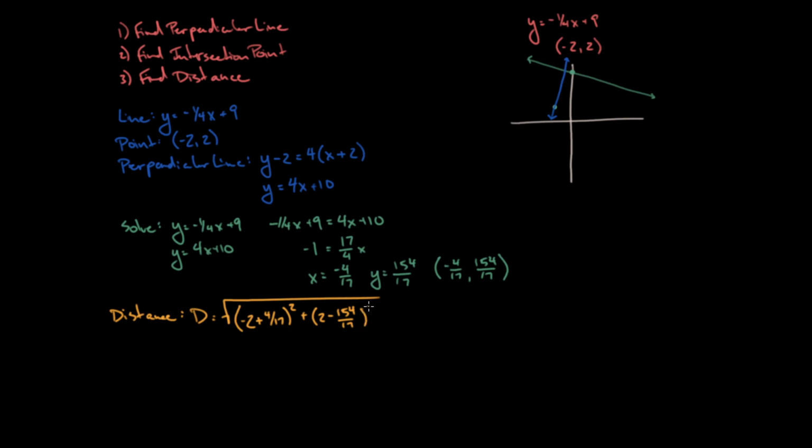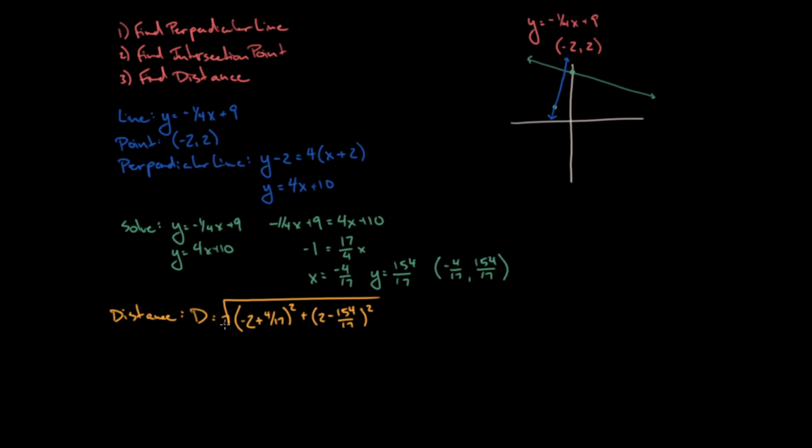154/17. Okay, so I'll be honest, I don't want to make an arithmetic error, so I'm going to break out my calculator. So I have negative 2 plus 4/17, which I really should be able to do. That's just going to be, what, 30/17? But let's confirm.